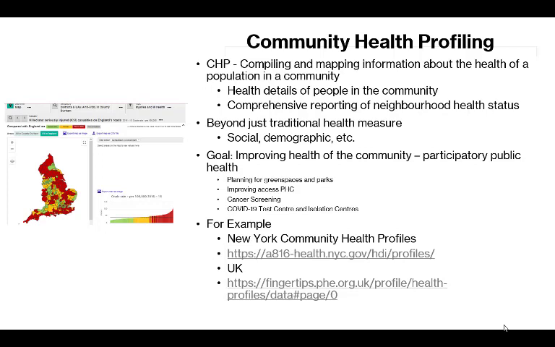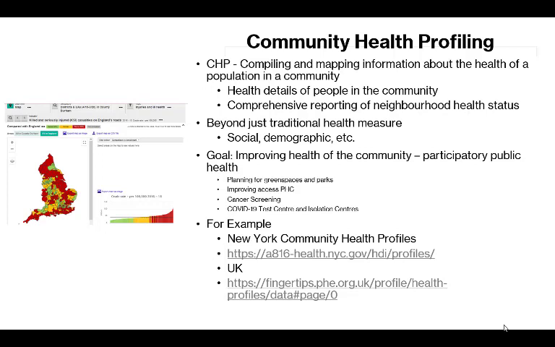So the goal, therefore, for CHP, community health profiling, is to improve the health of the community and stimulate participatory public health, because by letting people know and providing an understanding for people and practitioners on the general and holistic well-being of the people, there's an opportunity to plan better.